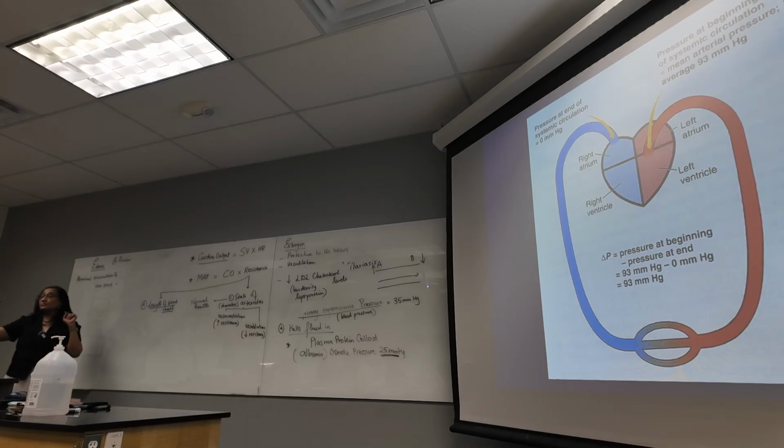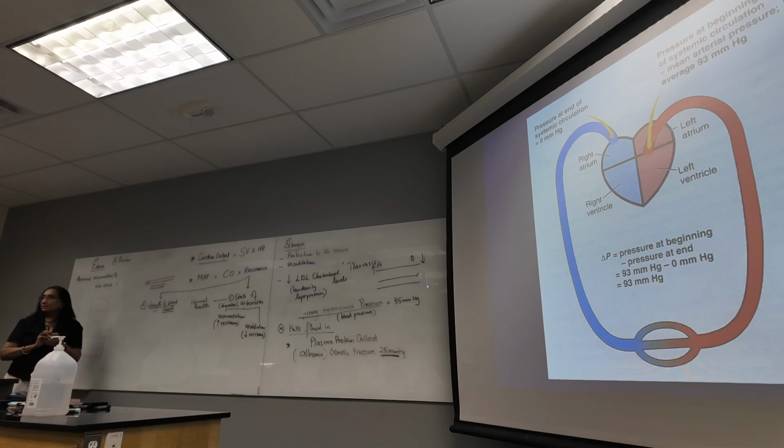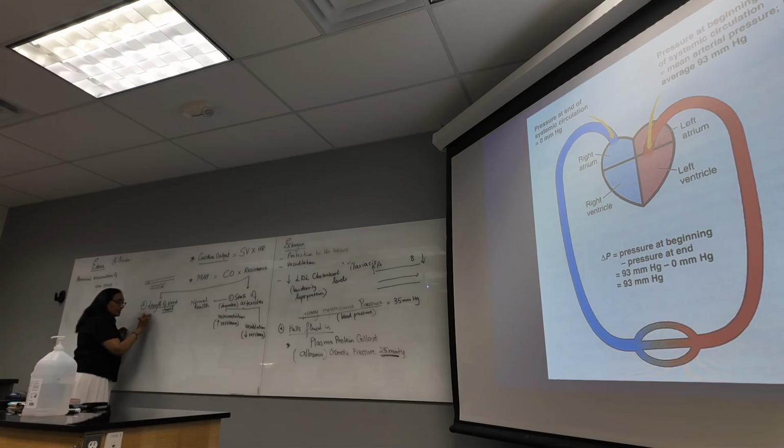This is the length of the blood vessel. So a shorter blood vessel versus a longer one. A shorter blood vessel has less resistance.